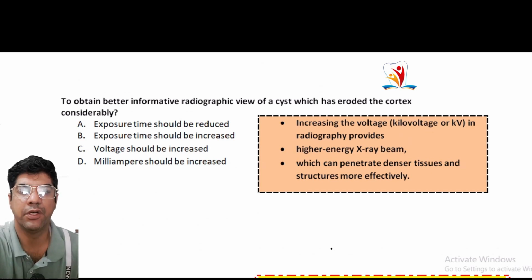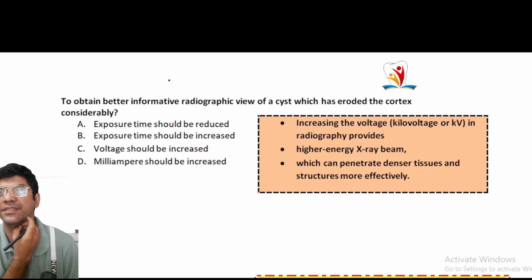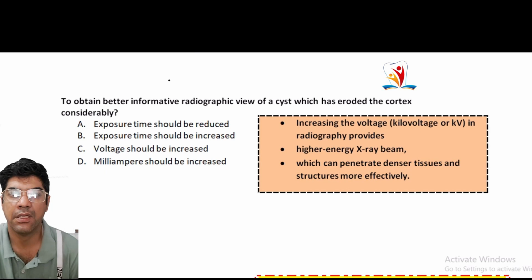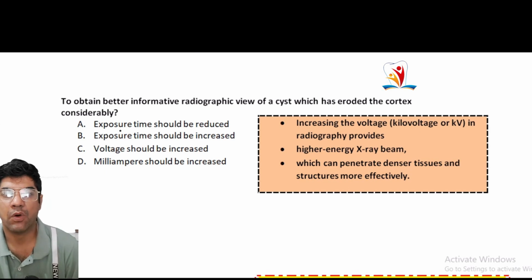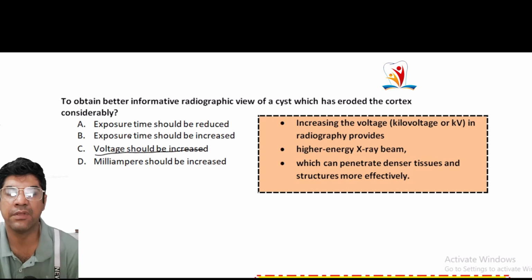Moving to the next question, to obtain a better informative radiographic view of a cyst which has eroded the cortex considerably, you should consider that the voltage should be increased.